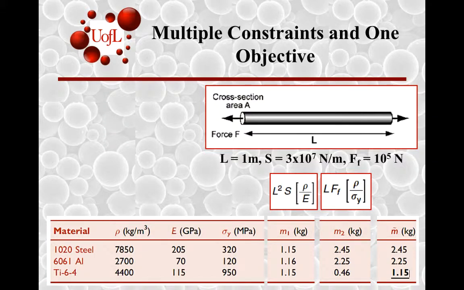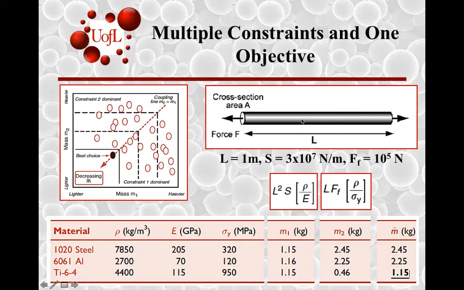So basically now, for the material selection, the material that gives the lowest mass while satisfying both the constraints, stiffness limited and strength limited, is 1.15. And so you would end up choosing titanium alloy for this tie rod.